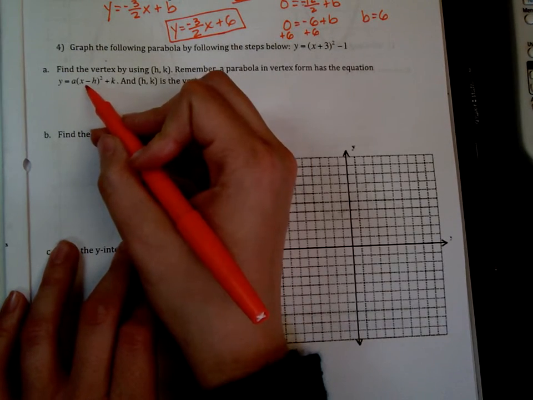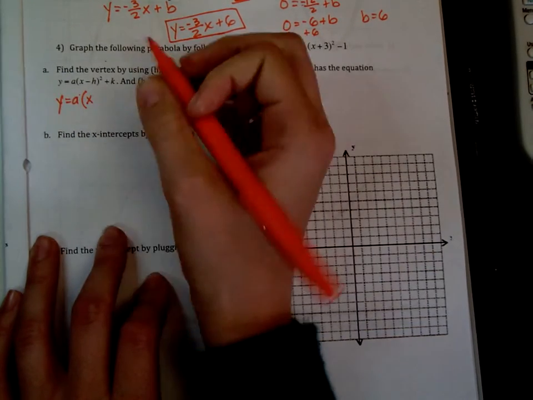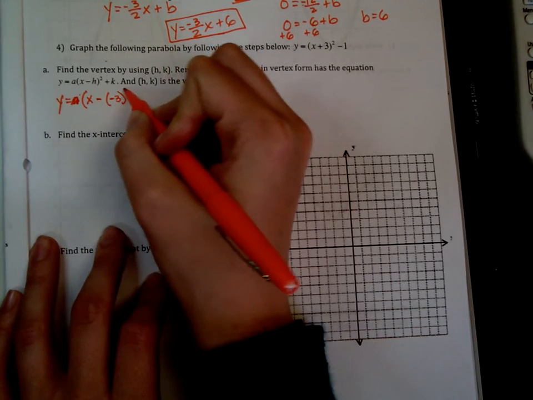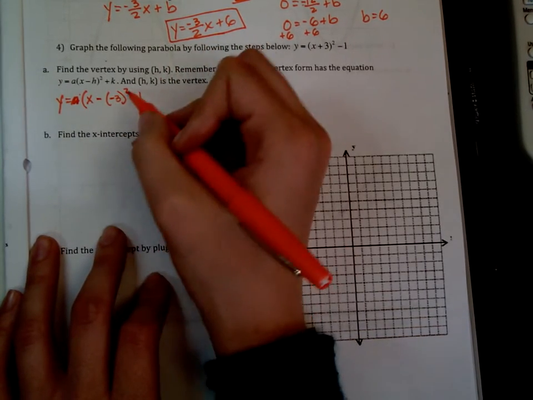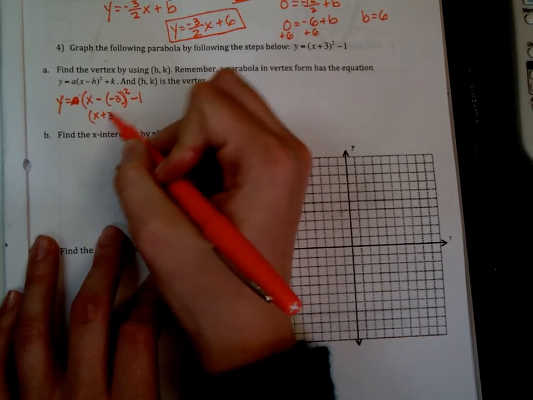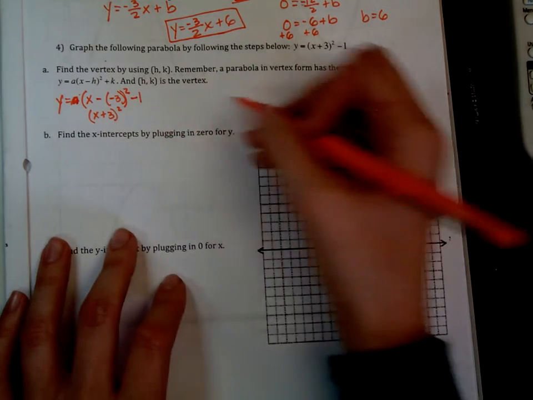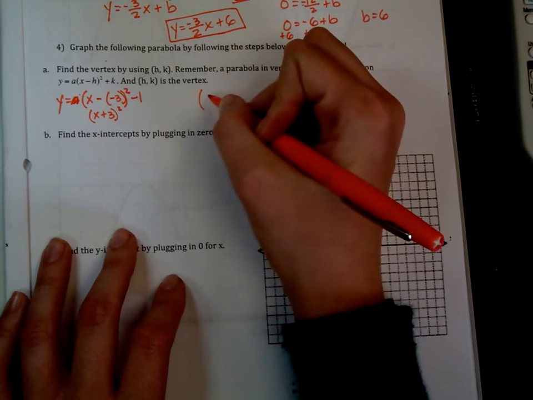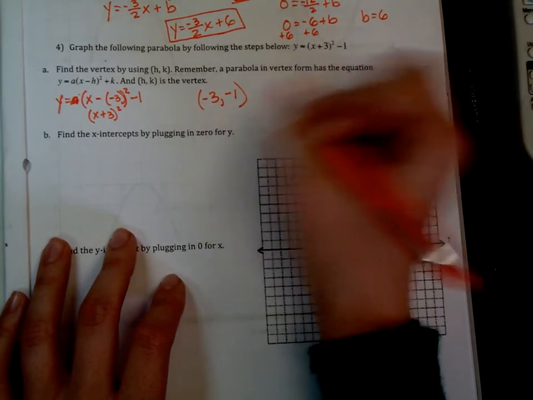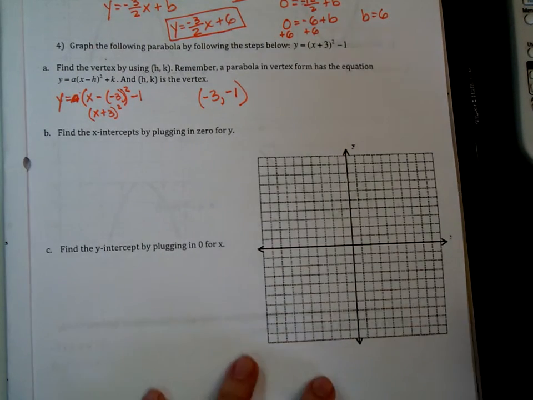Because if we have the equation y equals a times x minus negative 3 squared minus 1, minus negative 3 turns into x plus 3. So we know that the h is negative 3, and the k is negative 1. So the vertex is at negative 3, negative 1.